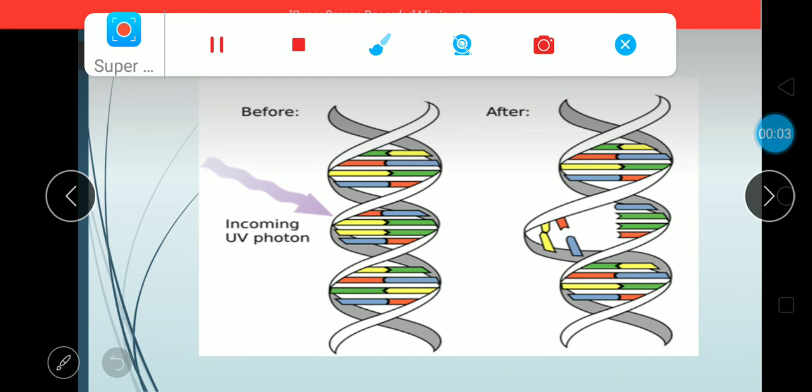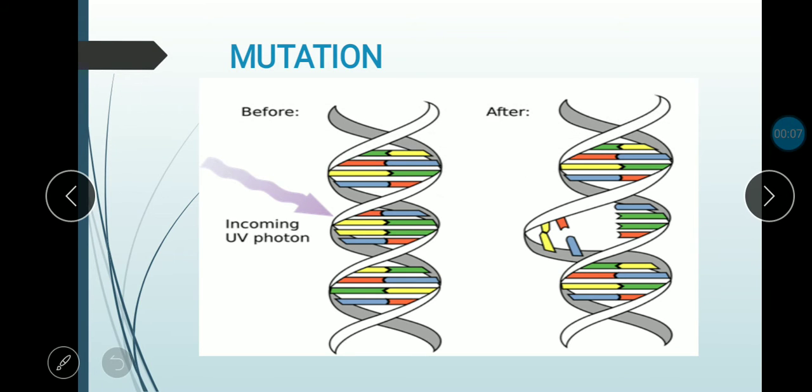In this video, we are going to start the second unit. The title is Mutation. You all know the basic definition of mutation, that is a sudden change. This diagram indicates that the change takes place in genetic material, in DNA sequencing, due to outer agents.